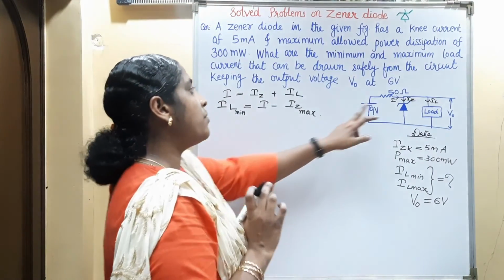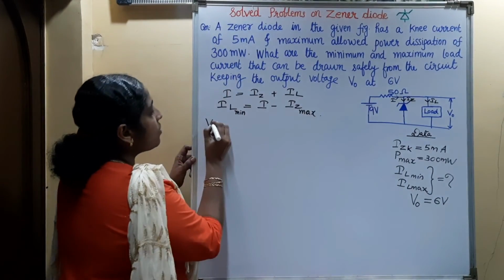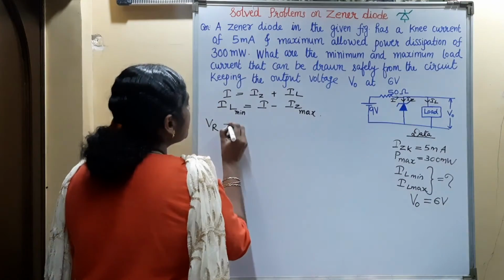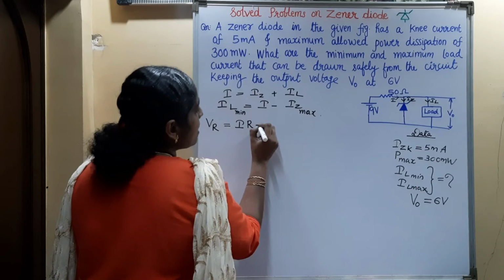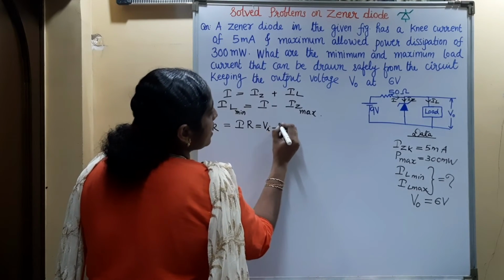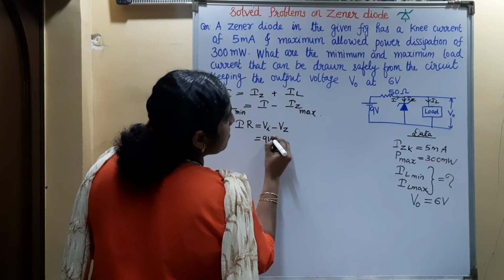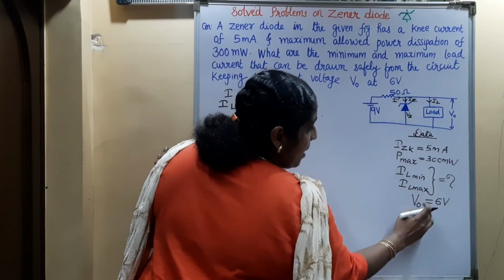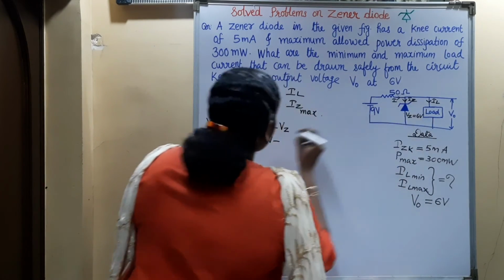Now how can we find the main current? We can find the voltage drop across this resistor. The voltage drop across this resistance is IR, which is equal to VI minus VZ. VI is 9 volt minus VZ, that is the Zener voltage, same as the output voltage, 6 volt.